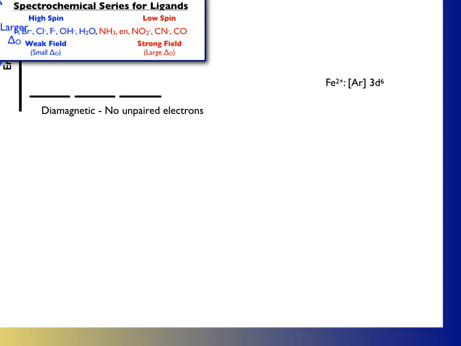This usually occurs when there are no unpaired electrons in the structure of the molecule or atom. This means that we expect that a diamagnetic complex ion is going to be low spin, especially in the case where there's an even number of electrons, as there are here.